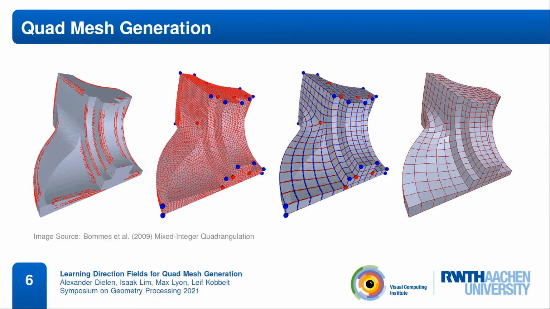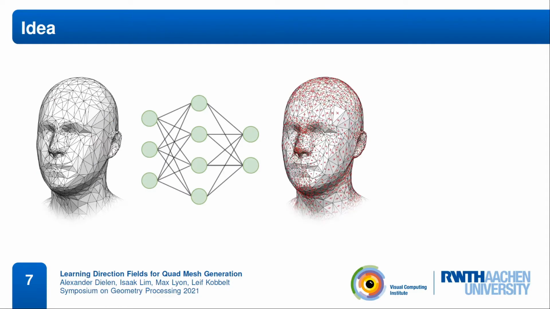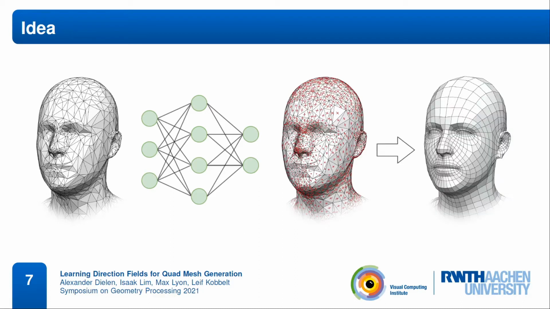Our approach can be summarized as follows. Given an input triangle mesh, we use a neural network to infer a direction field that is defined on the input mesh. The direction field is then used to guide a parametrization-based quadrangulation method that then generates a quad mesh whose faces are aligned with the given direction field.